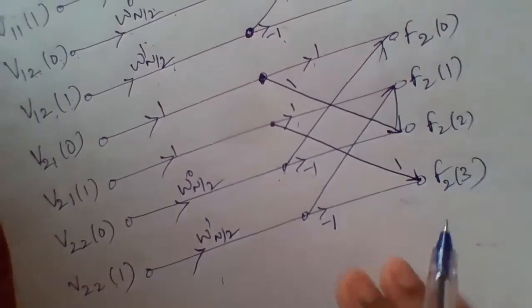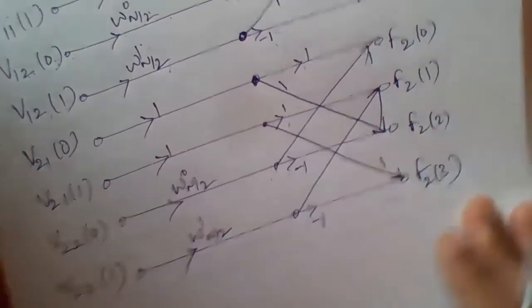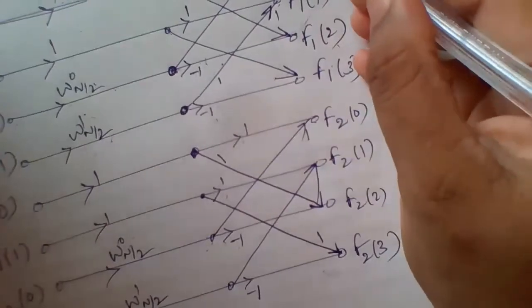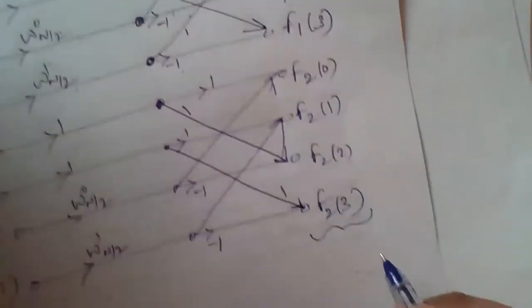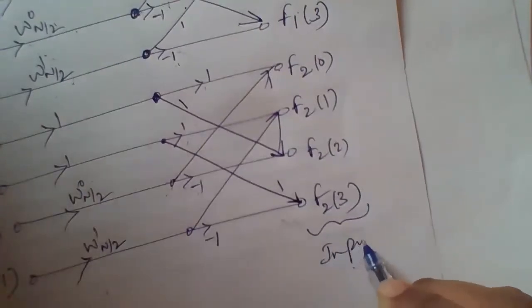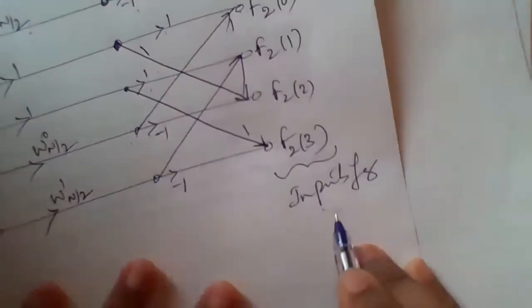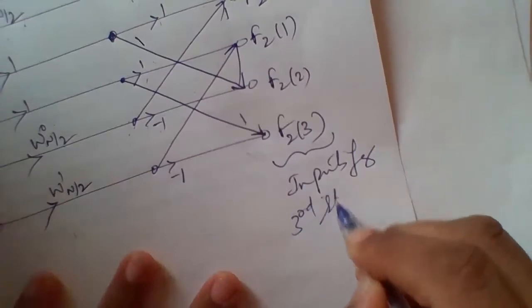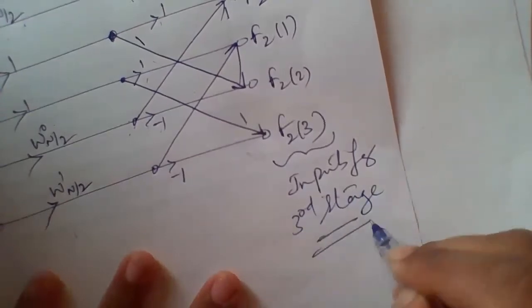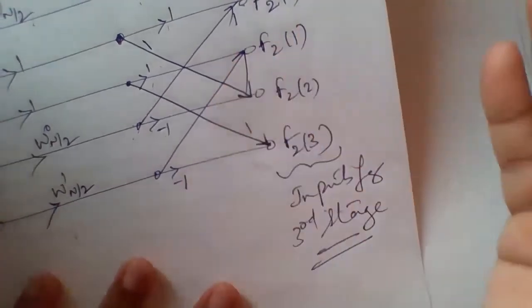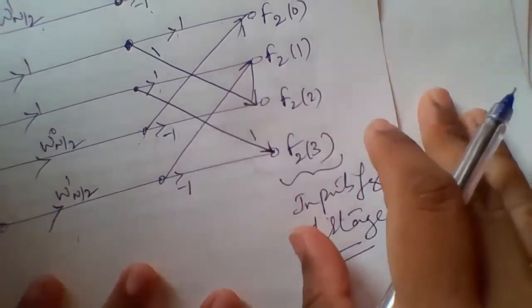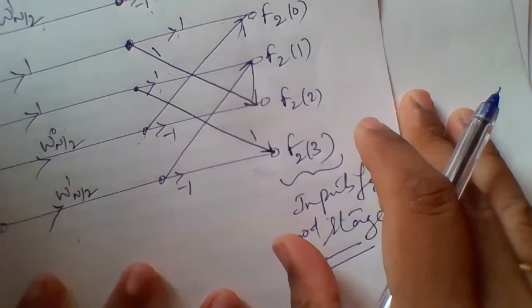Once we complete F1, F2, now all these F values act as inputs for the third stage. So now in the third stage, again we have a set of equations.